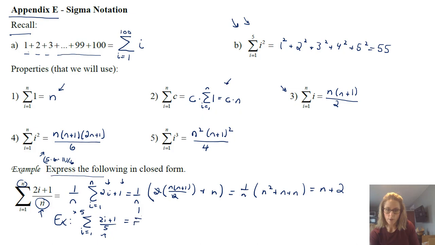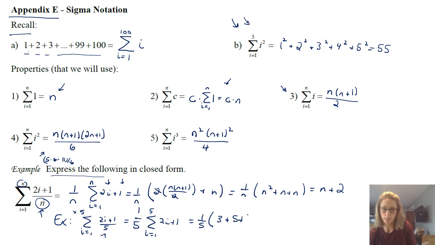So we have 1/5 and then the sum i equals 1 to 5 of 2i plus 1. I'm actually going to write it out here. If I do it 5 times, if I put in 1 for 2i plus 1, I get 3. If I put in i equals 2, that's going to give me 5.